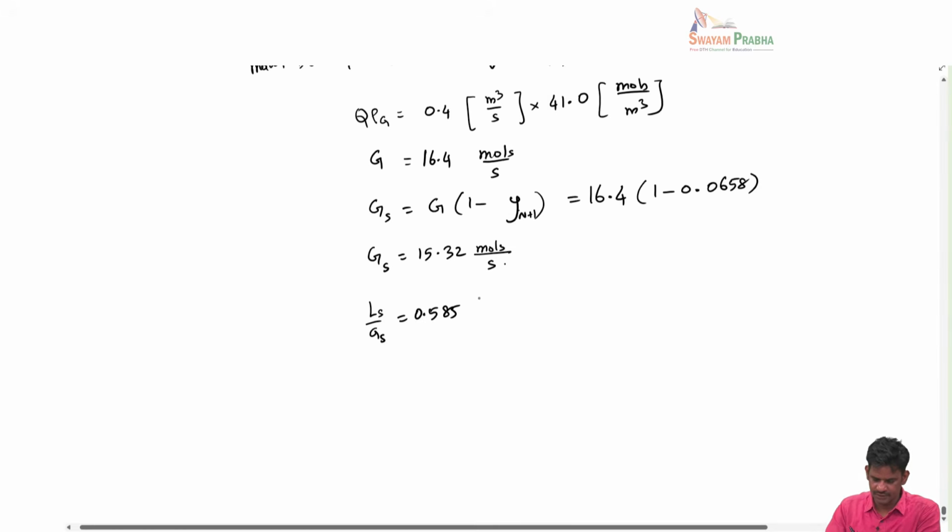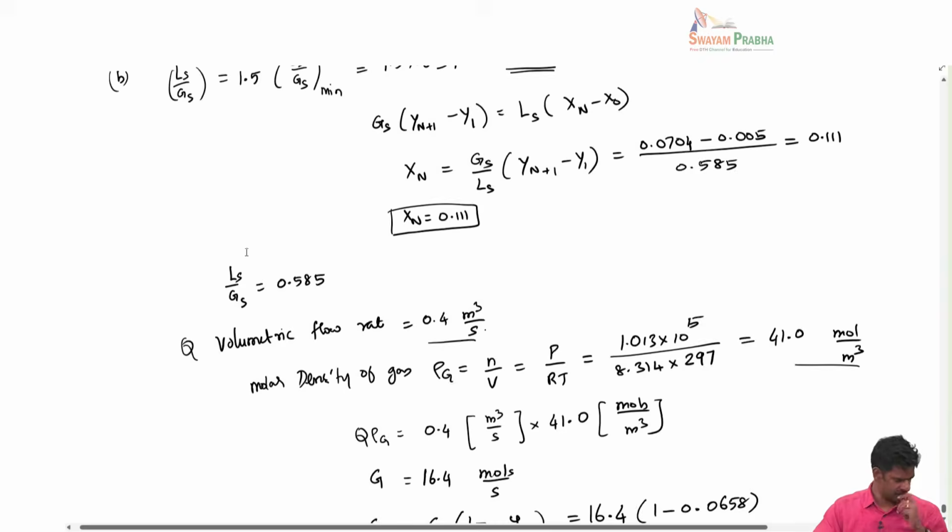So from here LS will be 0.585 into 15.32. It's about 8.96 moles per second, and the molecular weight is 180.